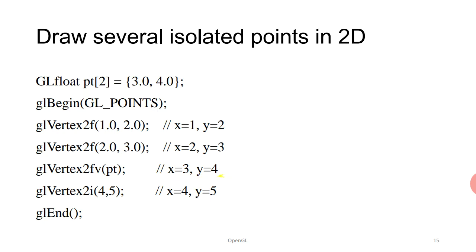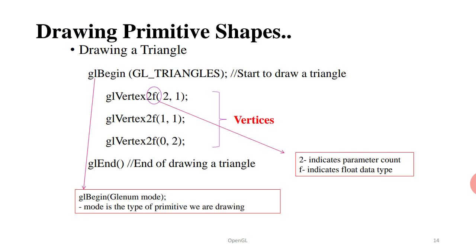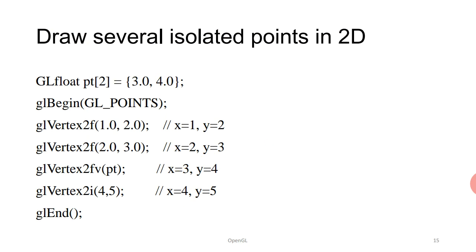You can specify directly, or you can specify in the array pt, which is initialized to 3 and 4, and then you can call the glVertex2fv function, which takes the parameter pt, where this pt indicates the array where the coordinates 3 and 4 are stored, and here v indicates that the input parameters are present in a vector.